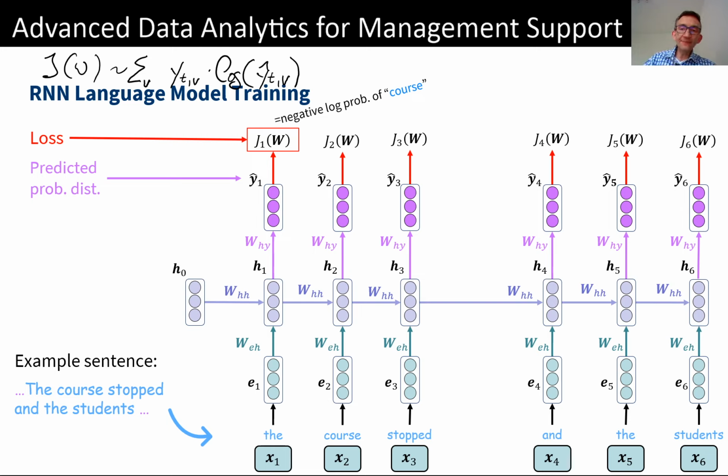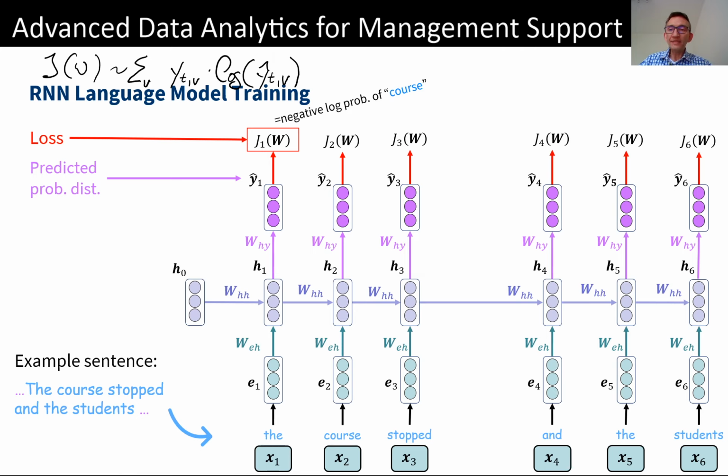So this index v is to represent our vocabulary, where we have like 30,000 words, and in theory you would sum over all these words, always taking the corresponding output ŷ_t,v and multiplying with the target.